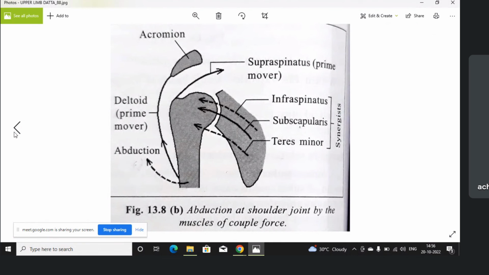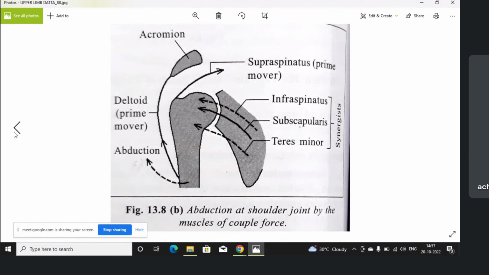Okay. Next, adduction. What is meant by adduction? Add towards the body side. Next, abduction of the shoulder. Write down adduction and abduction.